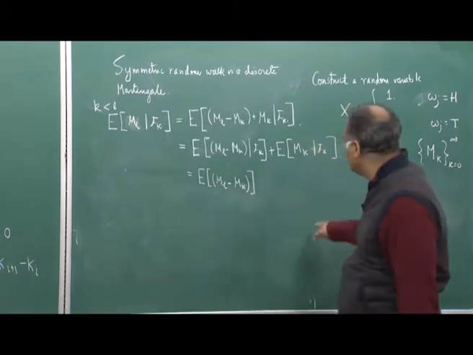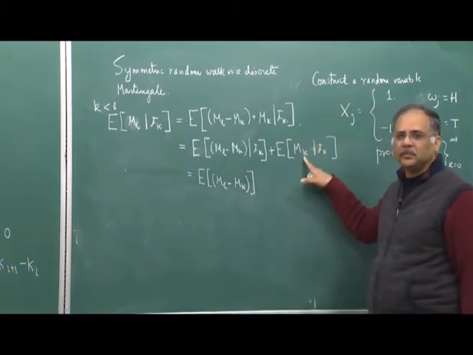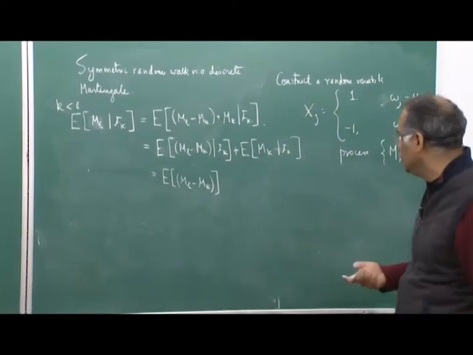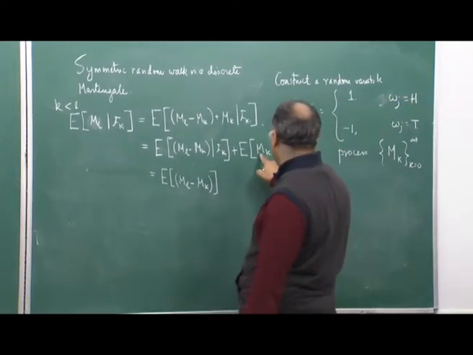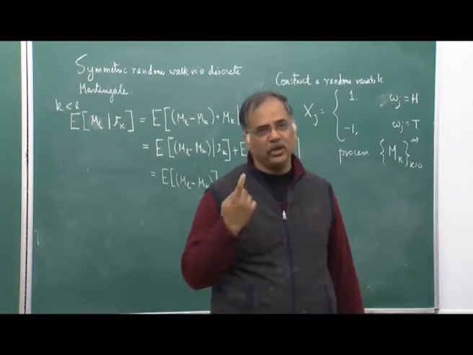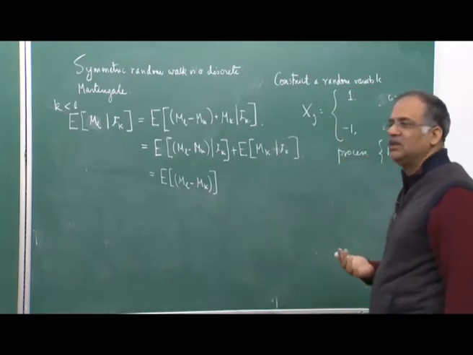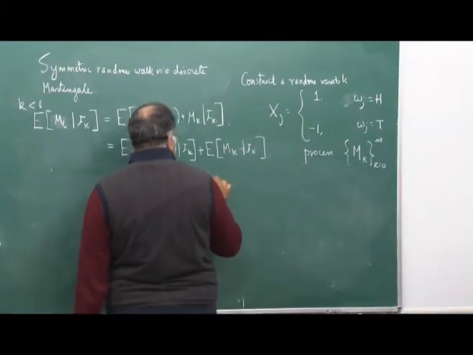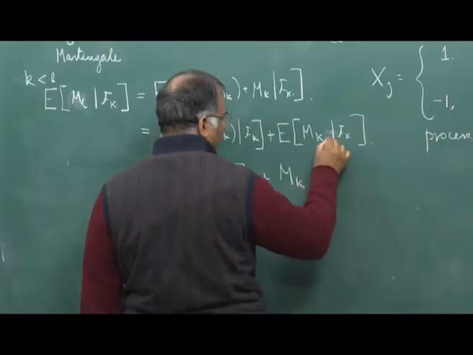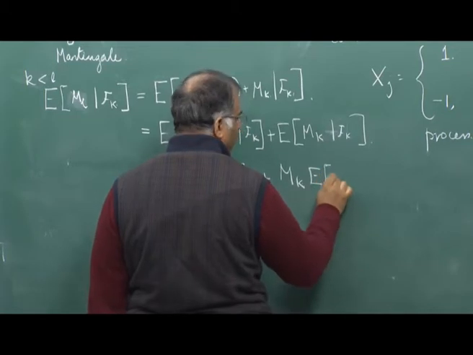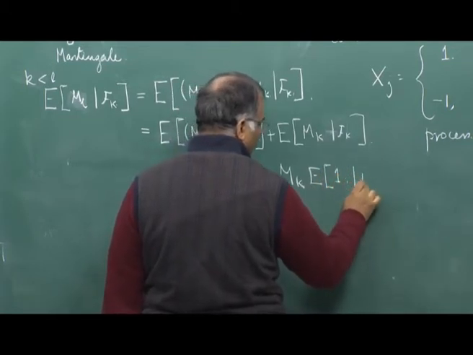So, Fk contains all information about Mk. The first law was taking out what is known. I can write this Mk as Mk dot 1, where 1 is the constant random variable 1. So, whatever be the scenario, it will just give you the value 1. So, I can take out what is known.